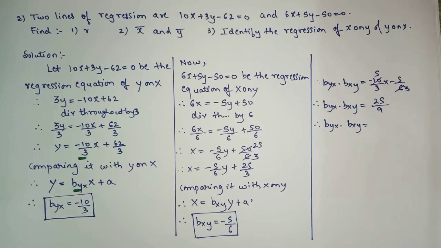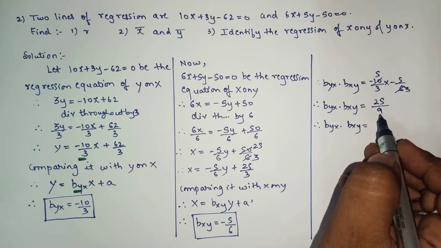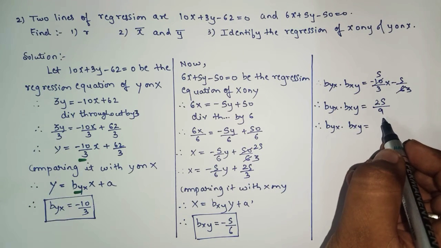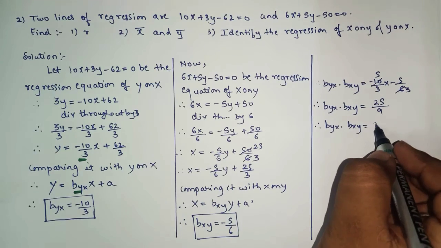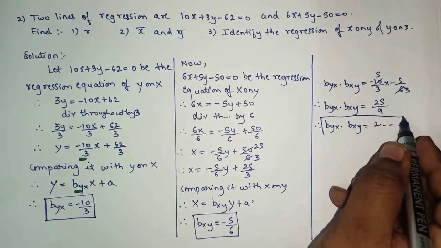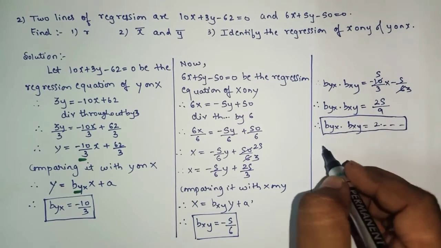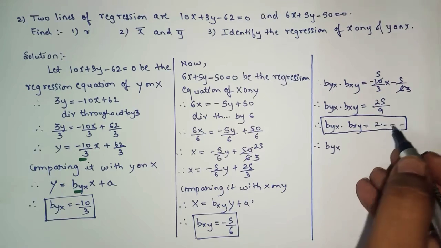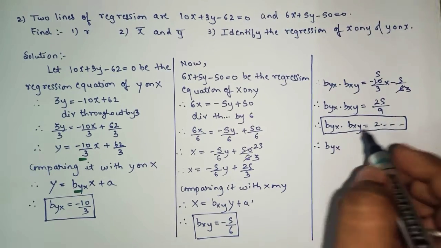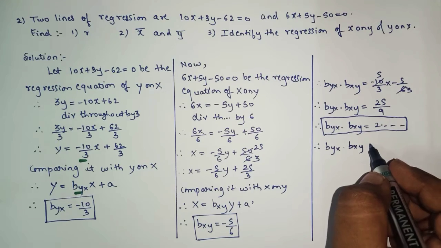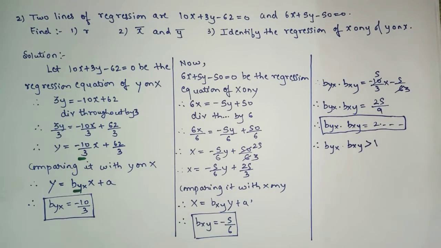Understood? 9 3s are 27, 9 2s are 18, so 2 point something answer we will get. So here clearly we can see that the answer is what? No need of showing this step, directly you can write that after this step, the product of these two numbers is greater than 1.